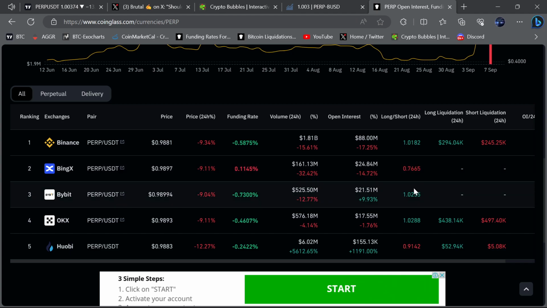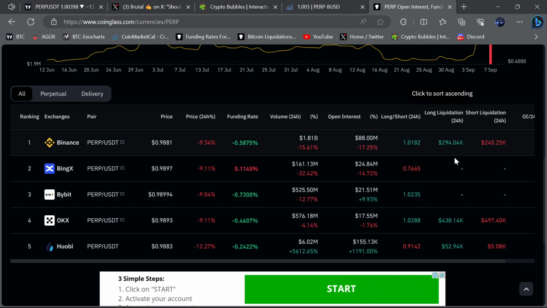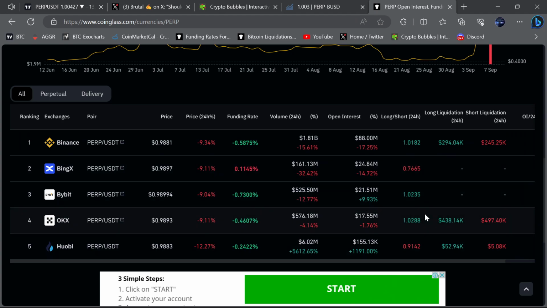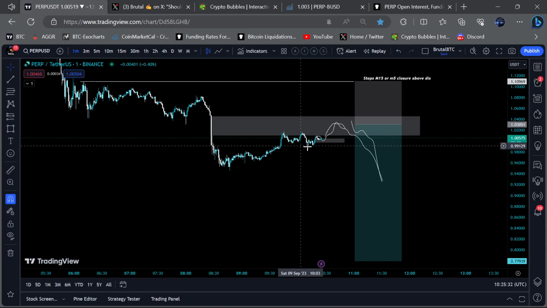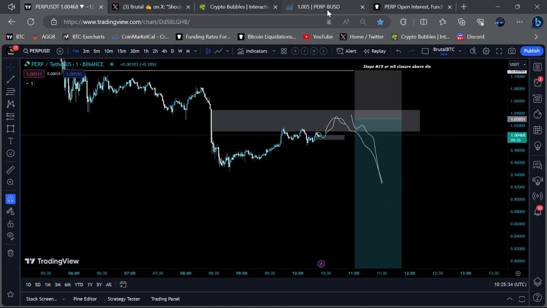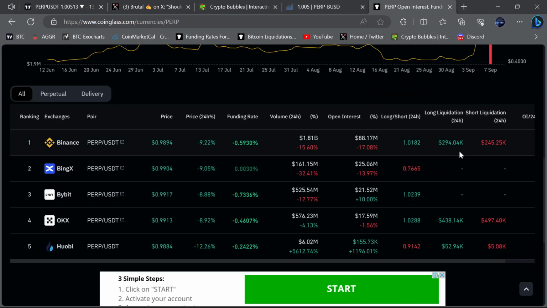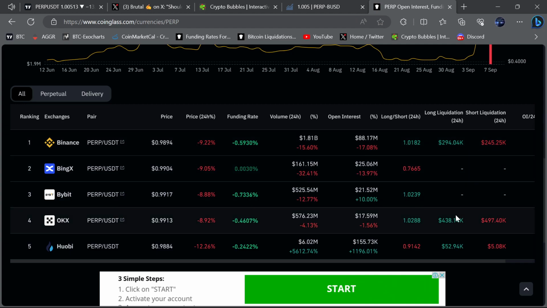So the best way, look at this. The short liquidations in 24-hour. Binance is almost like having same liquidations, shorts and longs are almost at the same levels, not a big difference. Also OKX have same levels.